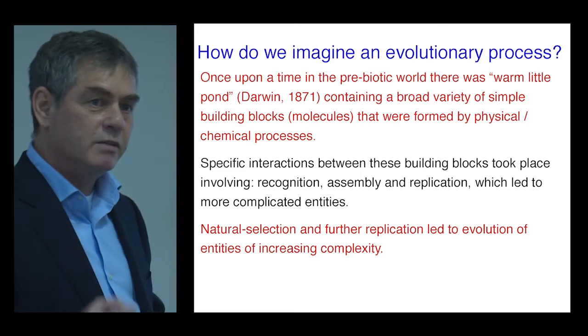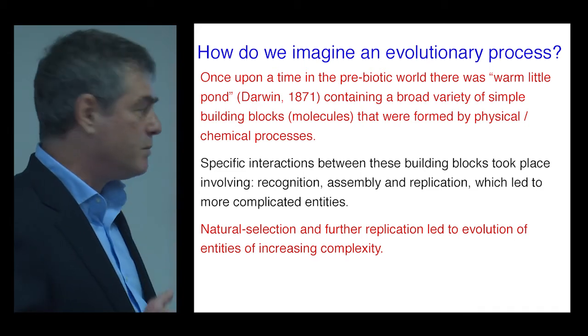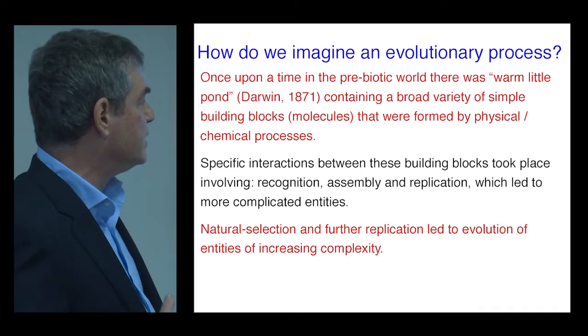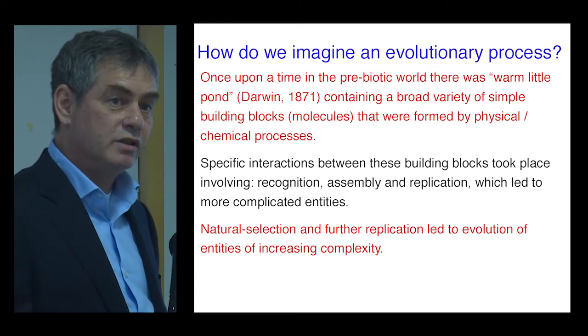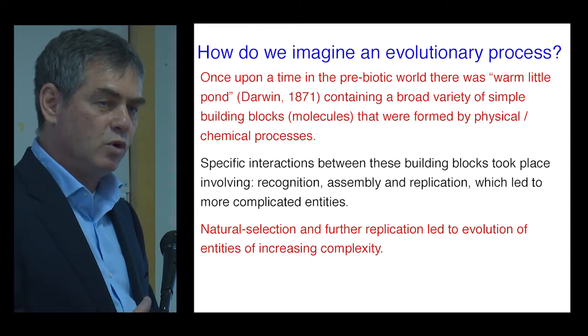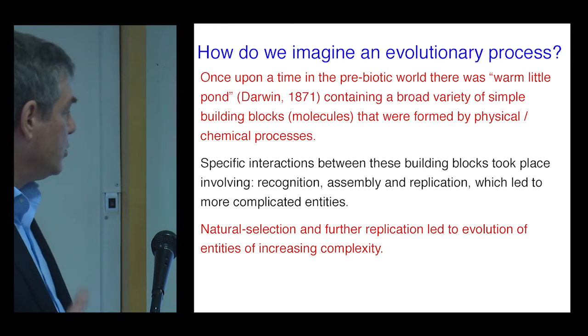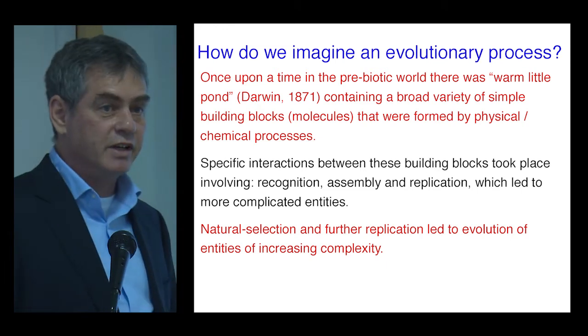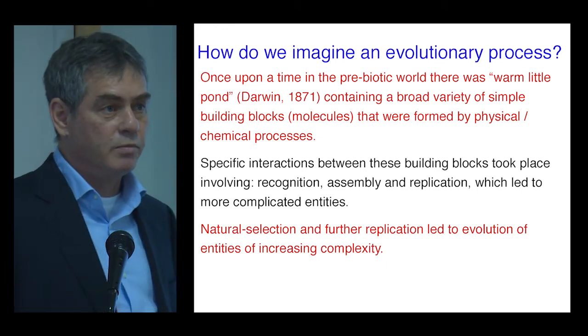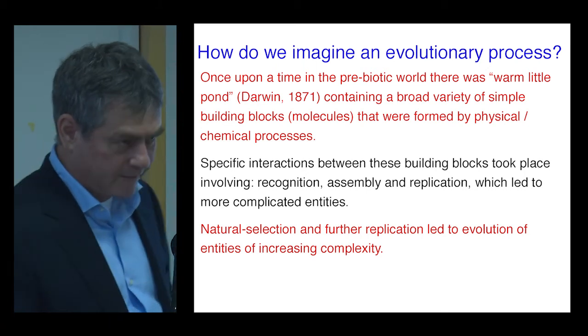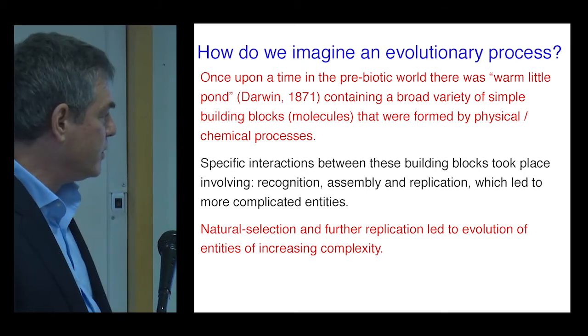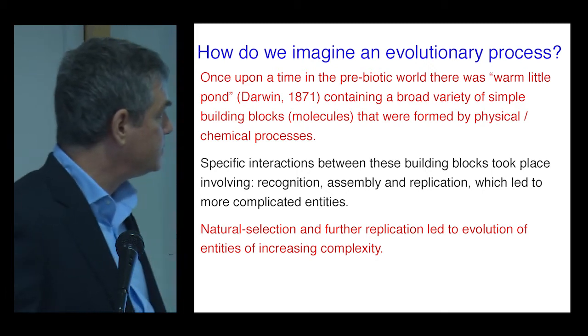And these small building blocks assembled together via recognition and assembly and replication to form more complicated molecules, more complicated entities, which with natural selection and further replication gave rise to more complicated entities, and ending up with, for instance, our cells.